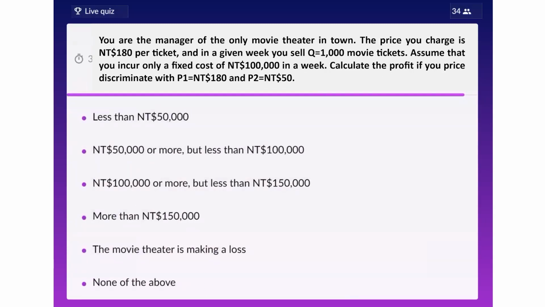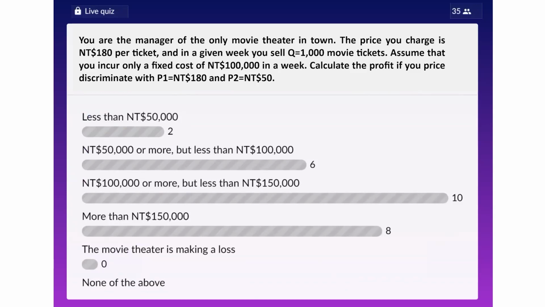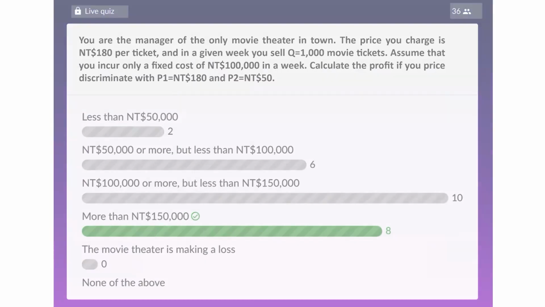Okay, so now suppose you can price discriminate, so you can charge the first 1,000 high willingness to pay customers $180, and then charge the remaining people $50. So how much profit would you be making? Okay, so now the answers are pretty diverse, but you're actually making more than $150,000. Okay, so let's look at the answers.